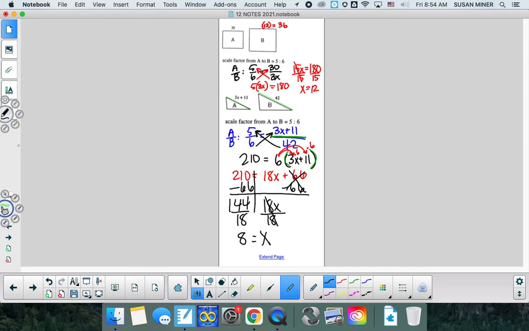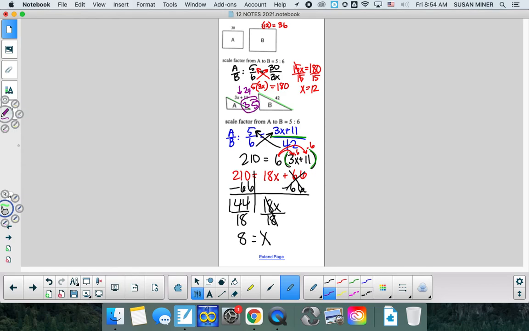Okay, so now I know the missing part. x is 8. But for the side length, I have to take my x value and go put it back in the original. The side length is 3 times x, which gives me 24, plus 11 is going to give me 35. The side length is 35.